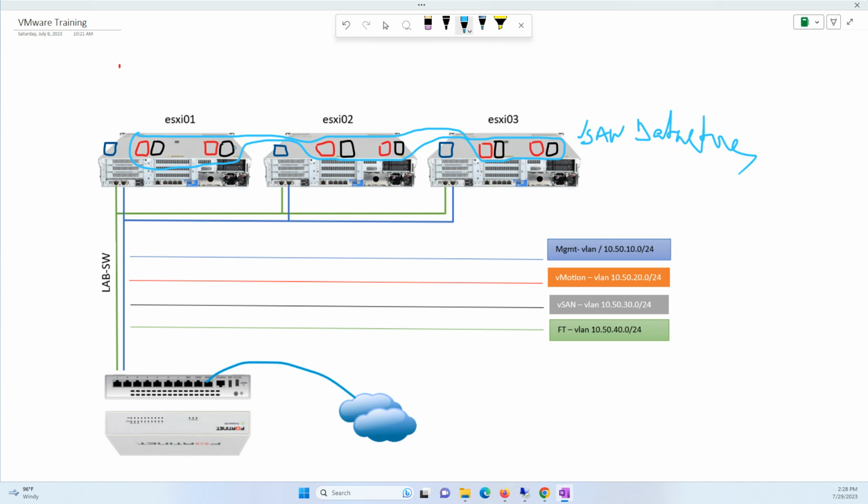Why do you say that? Because vSAN has its own mechanisms to replicate, to create what we call witnesses, to replicate the data on other disks for redundancy.